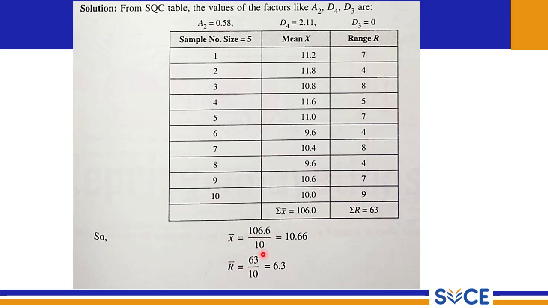So X bar bar will be the summation of X bar divided by the total number of samples, that is 10. So 106 divided by 10 is 10.6. That is the X bar value, and R bar will be the summation of R divided by the number of samples, that is 63 divided by 10, which is 6.3. They have given the A2, D4 and D3 values. These will be used for finding the upper control and lower control limits.